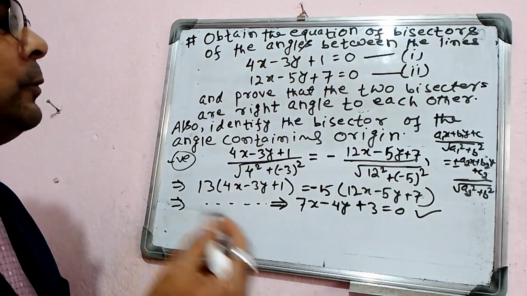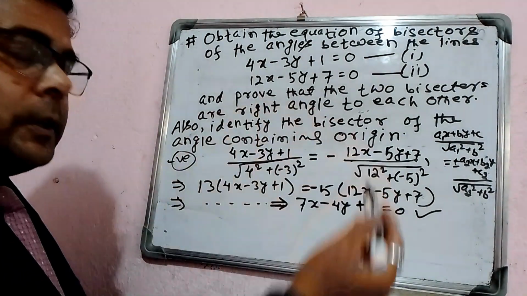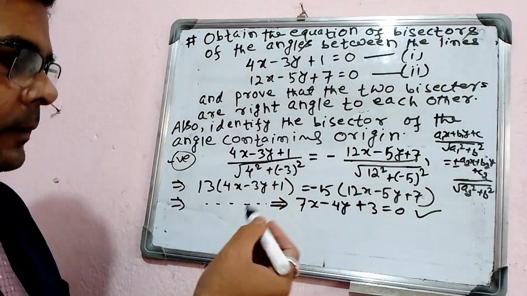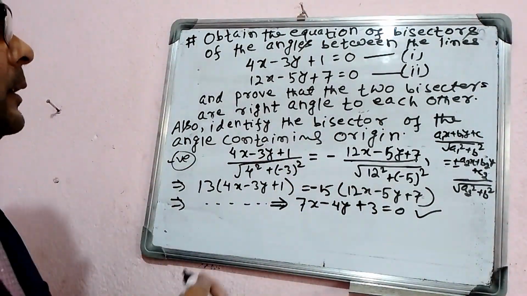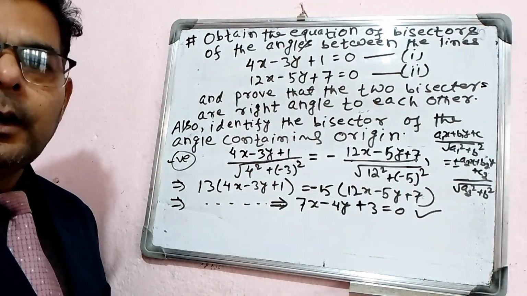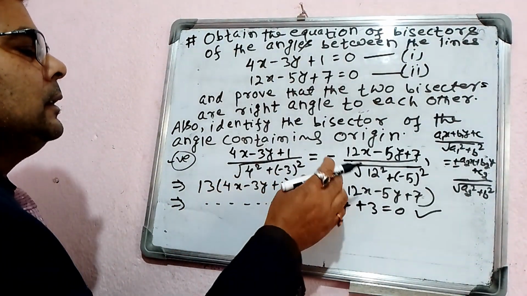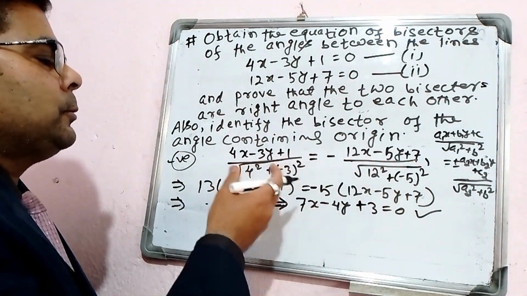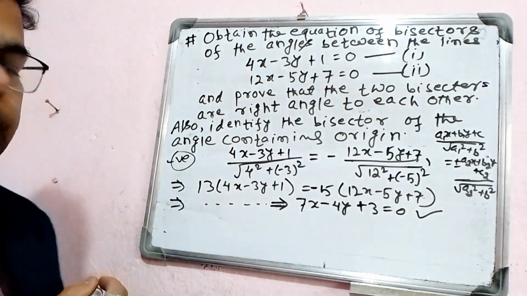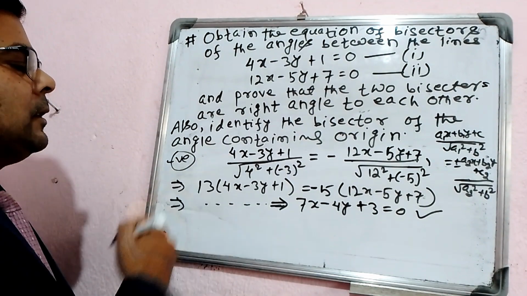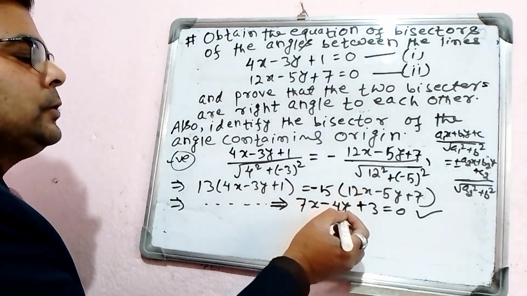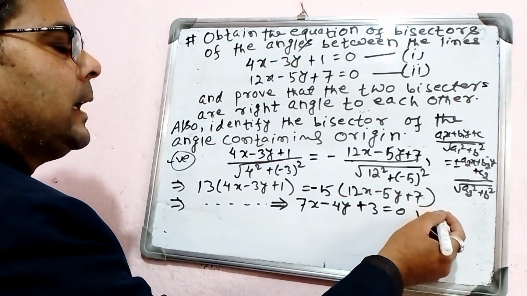But now we have to find the other equation of the angle bisector, that doesn't contain the origin. So in that case we take the negative sign on the right side, so we take the opposite sign, that means the positive sign from the left side, that is already here. And after you solve it, our equation is like this.